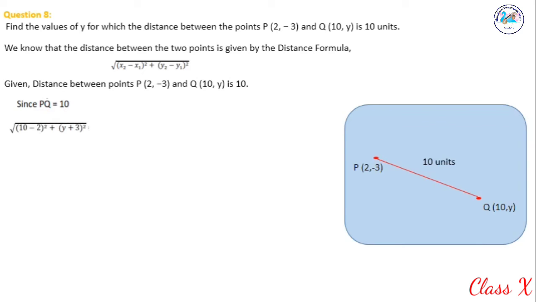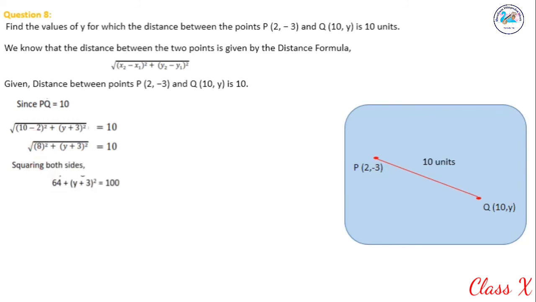PQ is (x2 minus x1), that is (10 minus 2) the whole square plus (y2 minus y1), here y2 is y, minus minus 3, so plus 3, (y plus 3) the whole square, that is equal to 10. Then 10 minus 2 is 8 square, (y plus 3) the whole square remains the same, that is equal to 10 units. Then we have to remove the square root.